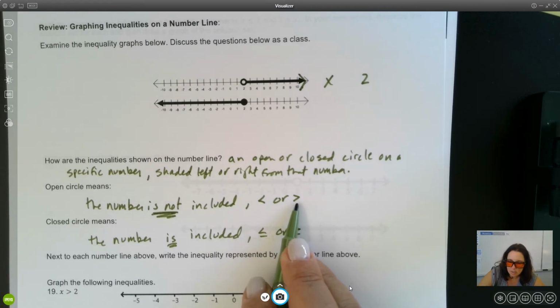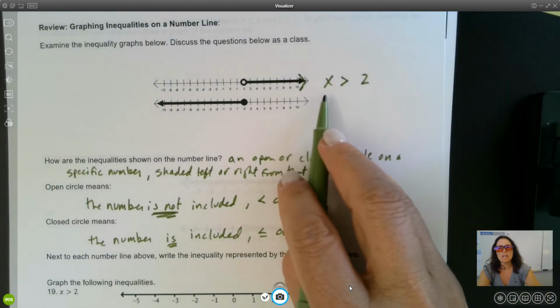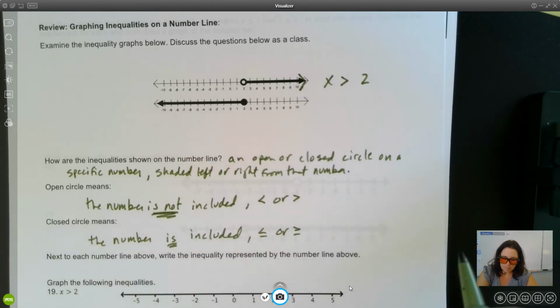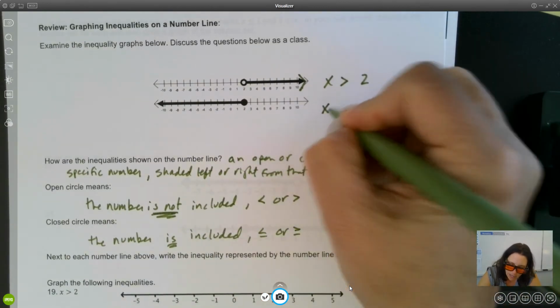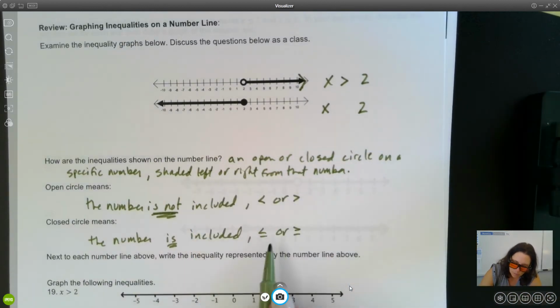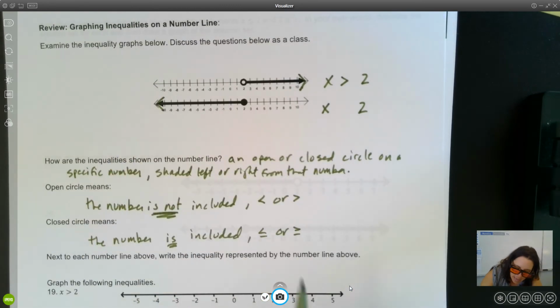That's what's nice about having the letter on the left. The letter's on the left, that is always the case. Okay, now this guy, we know we have x, we know we have 2, but this time it's a closed circle. It's going to be one of these. Do you guys see that that is the arrow tip, this guy right here?